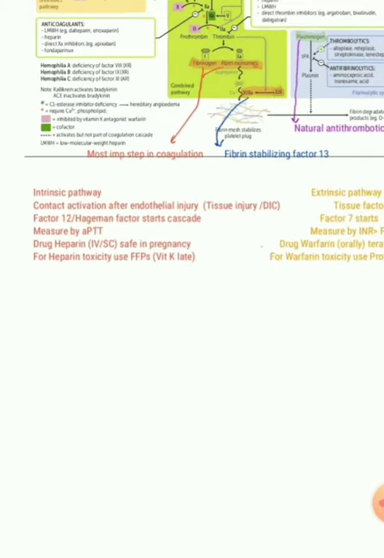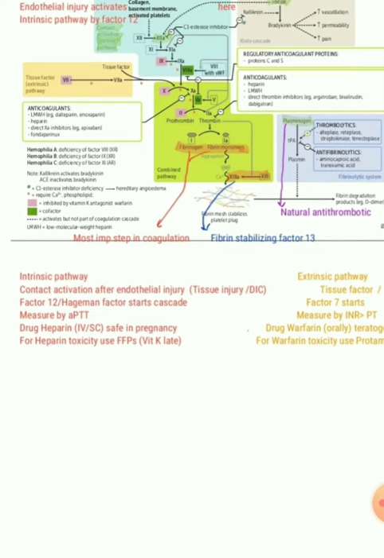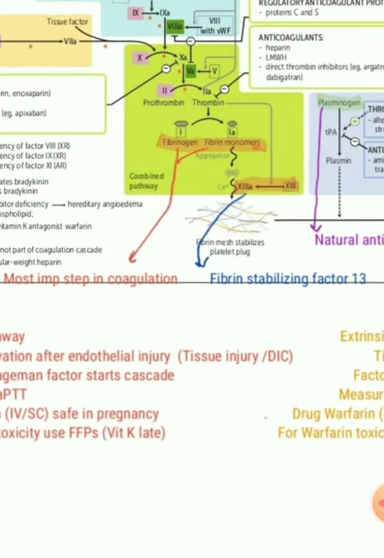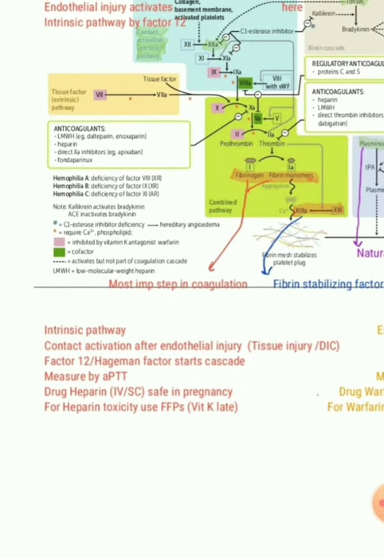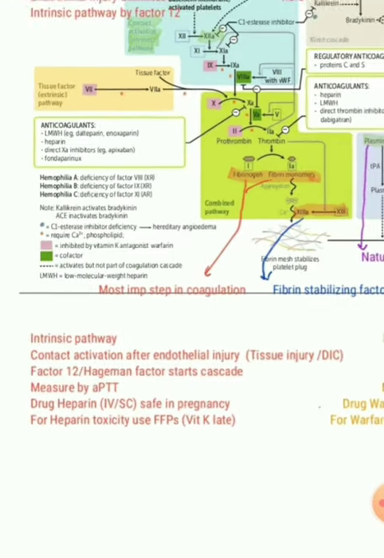So just to summarize this, factor 12 has 2-3 MCQs, that it starts the intrinsic pathway cascade, and it is important with APTT, and heparin involves factor 12 inactivation mostly, and it links the kinin coagulation pathway, that is important, and it has another name called Hageman factor, just like fibrin stabilizing factor is another name for factor 13, and tissue factor is another name for factor 7.